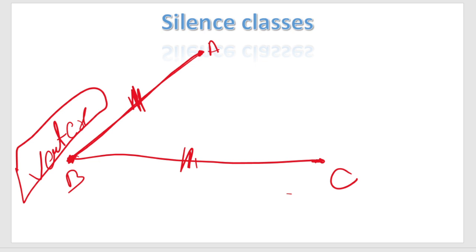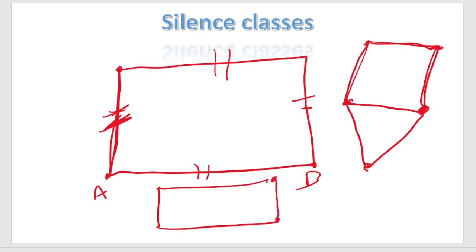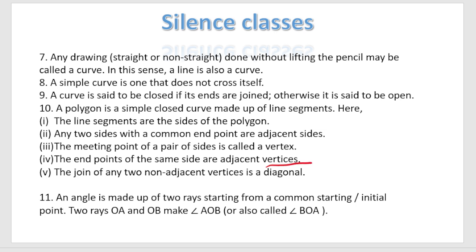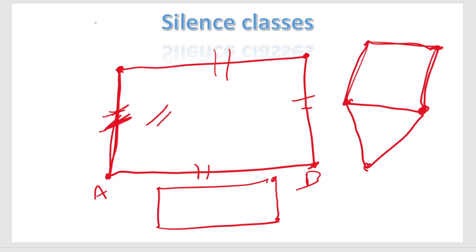And if we talk about a closed figure like this, all the joining points, all the meeting points together are known as vertices. If we talk about two sides like this, an open figure, it is known as a vertex.